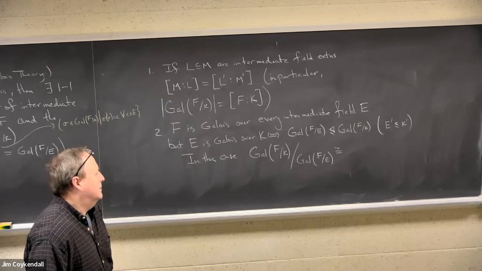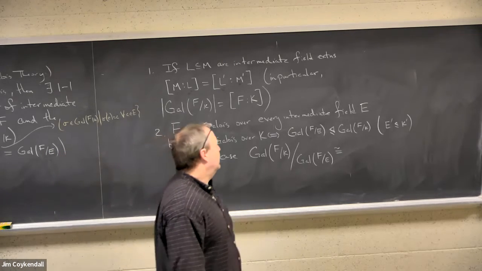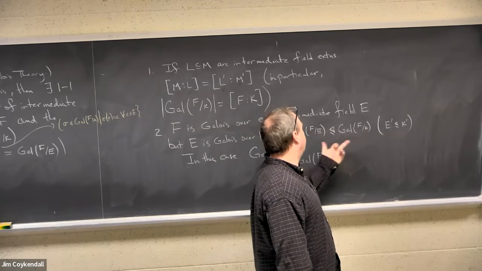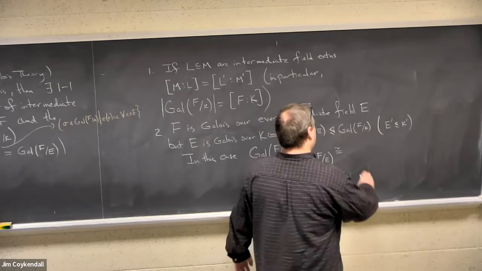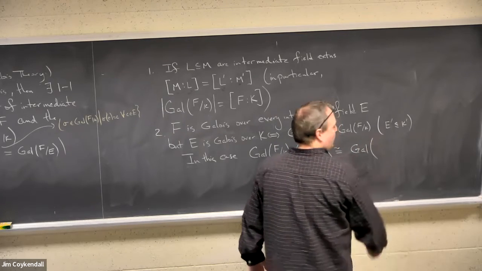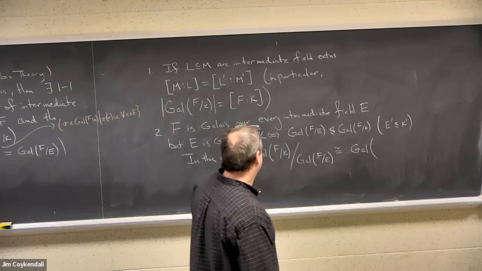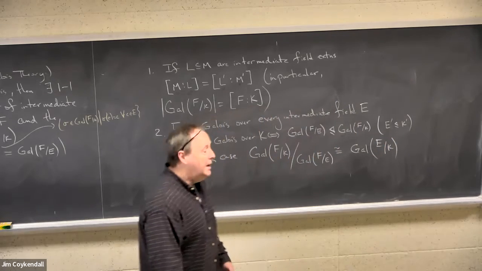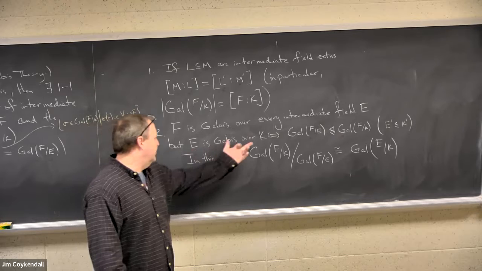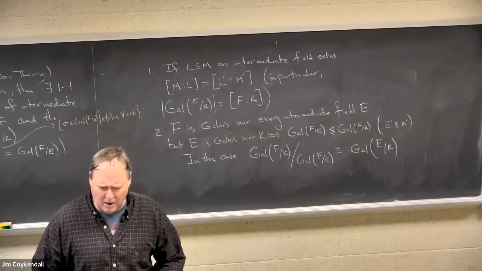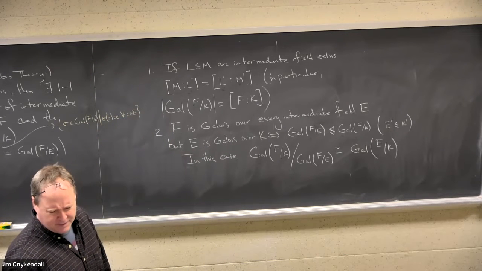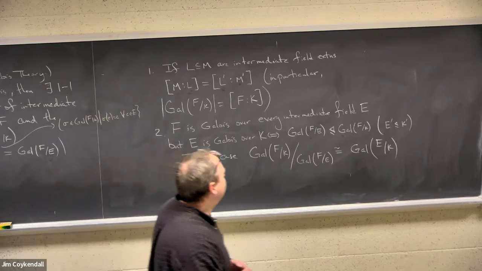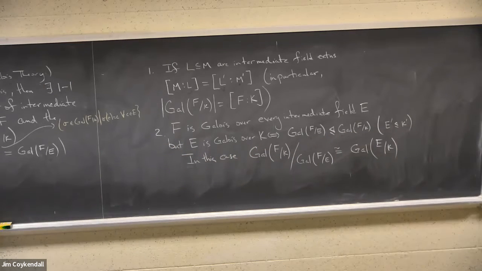I mean, after all, I can just be a bonehead and take any group that has a normal subgroup, pushing it out. This is actually the Galois group. Anybody want to guess? In the case that, and of course, this makes sense because in this case, E is Galois over K. Notice that we can see this going on here, right?